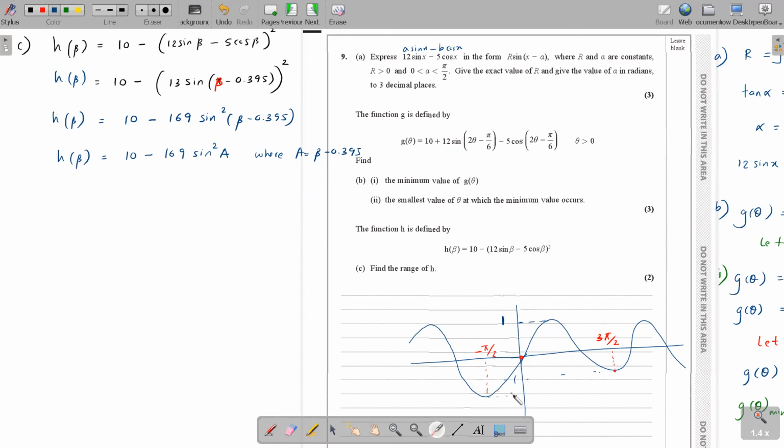However, when you square negative 1, it becomes plus 1, isn't it? So the positive peaks are okay, but the negative peak actually comes up.